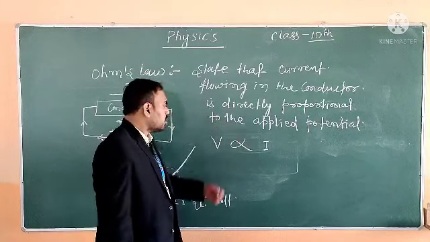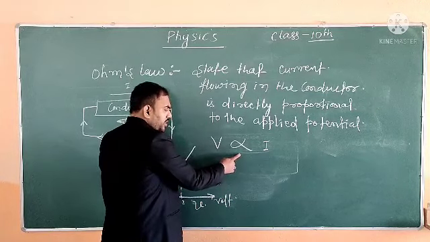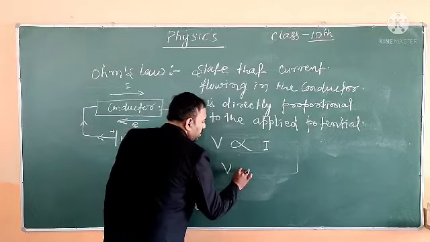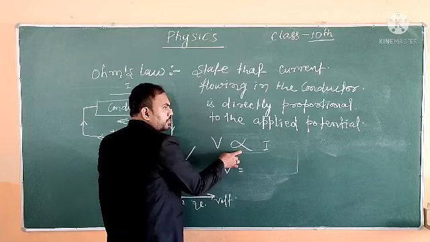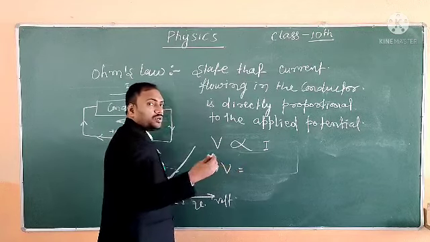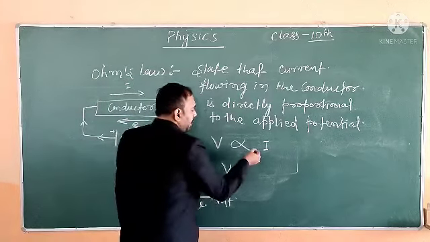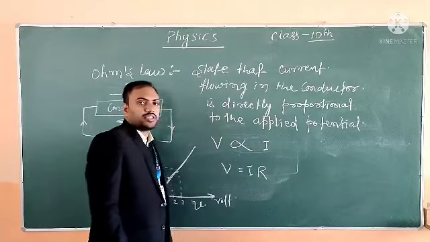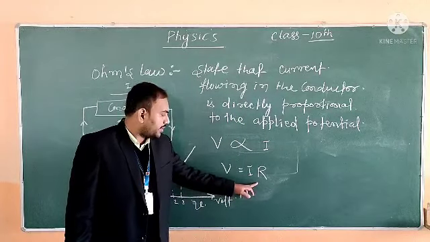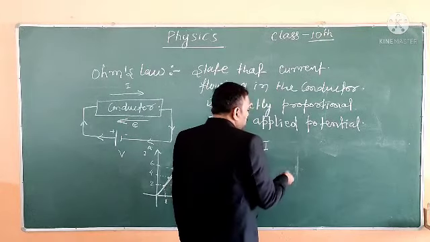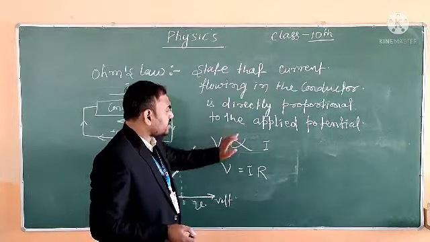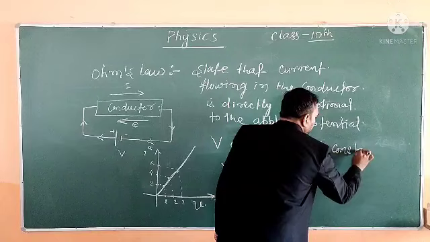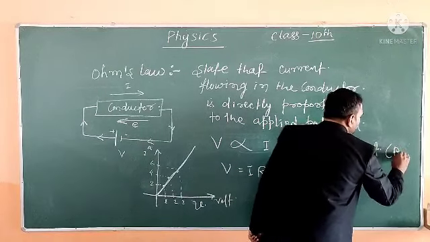For removing this proportionality sign, we have to apply some constant. V is equal to, if you replace proportionality by equality, you have to introduce a constant, and that constant is R, resistance. So he explained that V upon I is equal to a constant, and that constant is resistance.